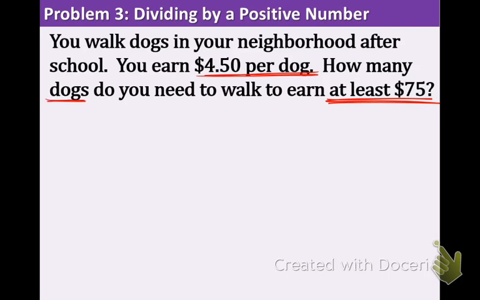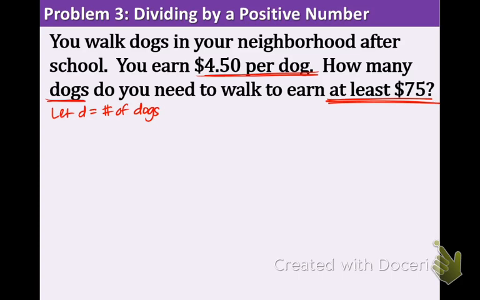So how about we say, let D equal number of dogs. And there isn't a ton of space on your note sheet, so make sure you write small. Now, we need to set up an inequality that represents this situation.